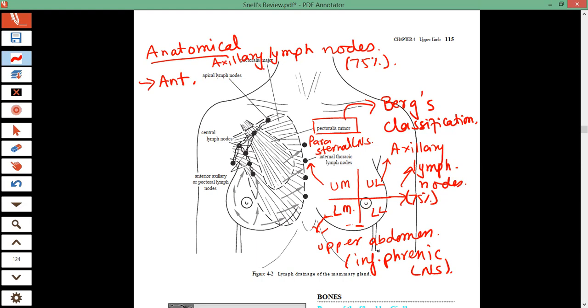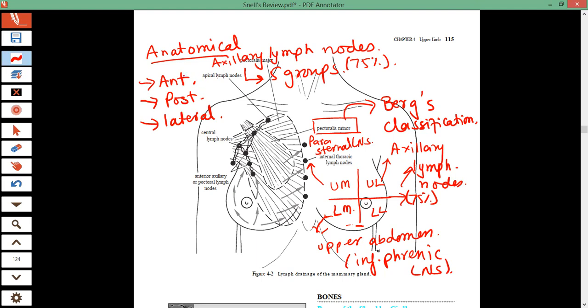Second point, axillary lymph nodes are important because you divide the axillary lymph nodes into 5 groups. Okay. We divide the axillary lymph nodes into 5 groups. First one is the anterior group, posterior group, and the lateral group. Okay.